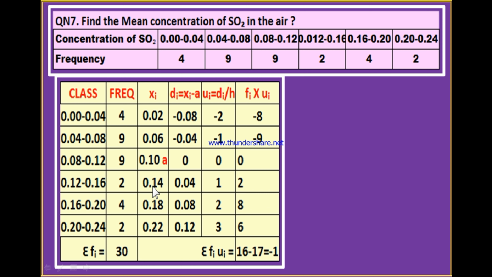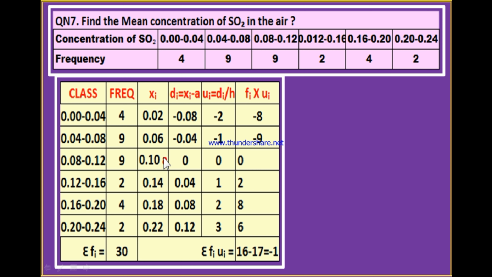And for the next class, the mid value xi is 0.14 and A is 0.10. Therefore, if you subtract 0.10 from 0.14, you will get 0.04. Similarly for this class, 0.18 minus 0.10 is 0.08. For this class, 0.22 minus 0.10 is 0.12.